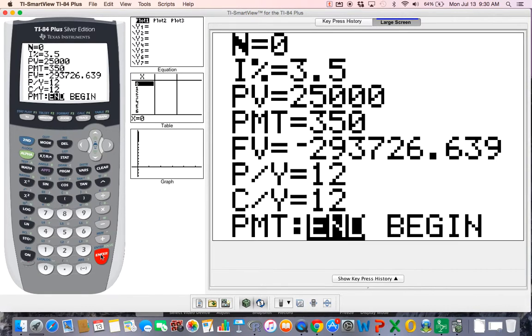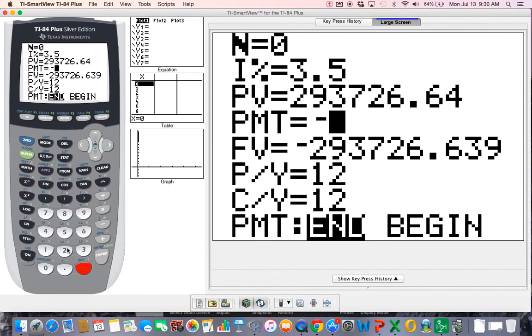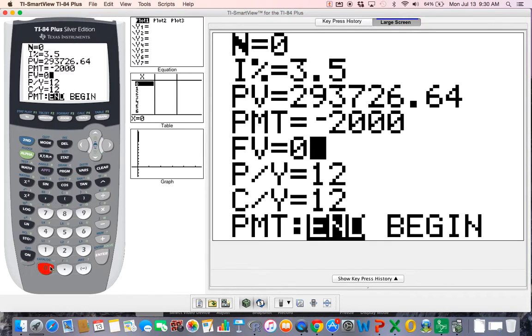I continue to earn the 3.5, but now I'm starting out with the 293,726.64, starting a new term, if you will. I want to pull out $2,000 a month. That's not a crazy, enormous amount. And I want to see how long it takes to exhaust the savings account.